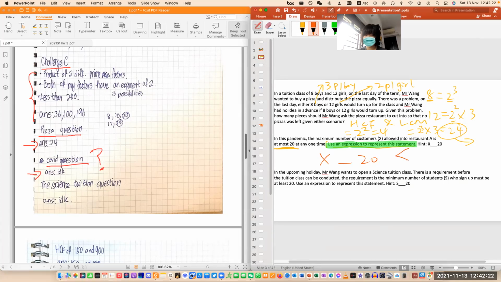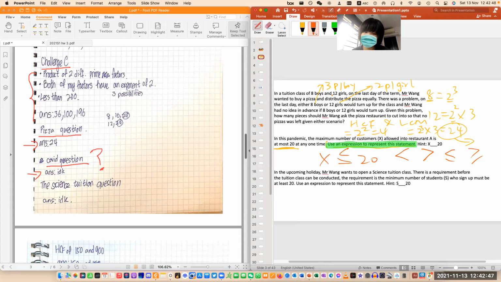by using smaller, bigger, smaller equal, bigger equal. So which one do you think is the right answer? You can circle the answer. Smaller and equal? Yeah, very good.